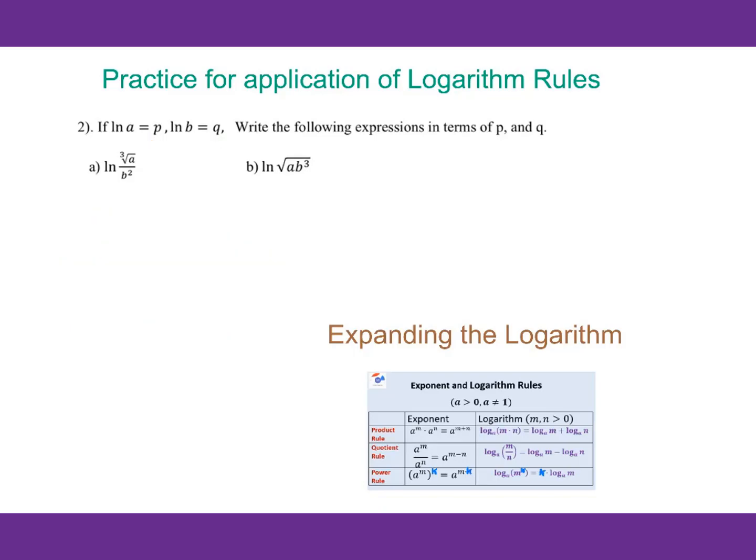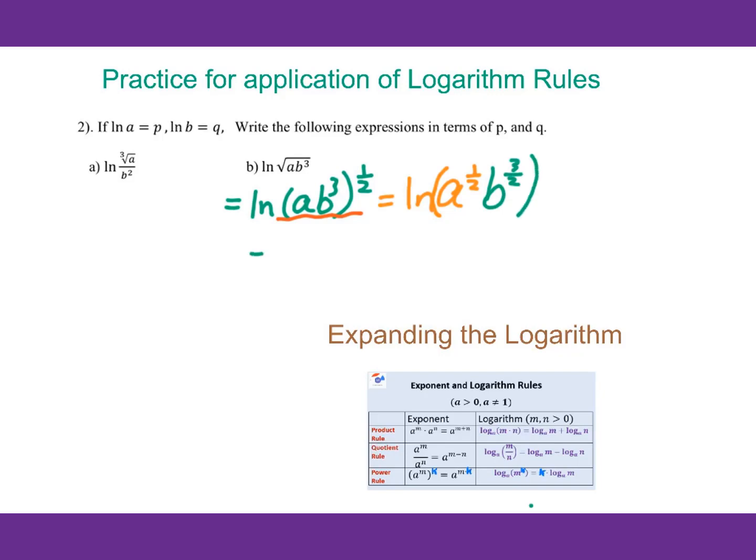Now let's go to b. For the b, you will get the natural log of a b to the third power, then to the 1/2 power. Working on the power of power first, we got natural log of a to the 1/2 power times b to the 3 over 2 power.